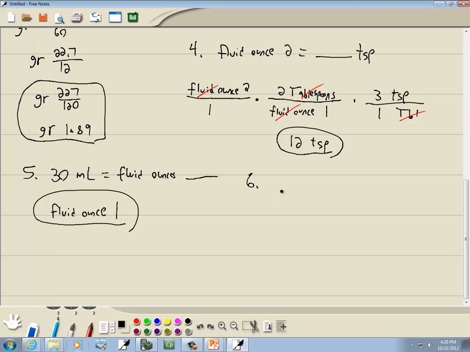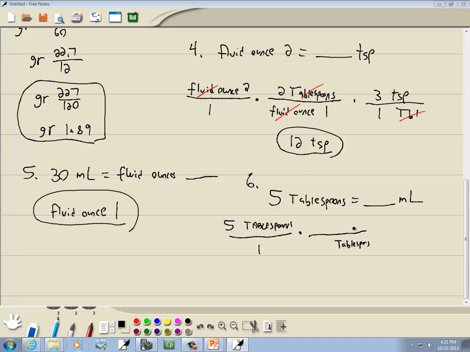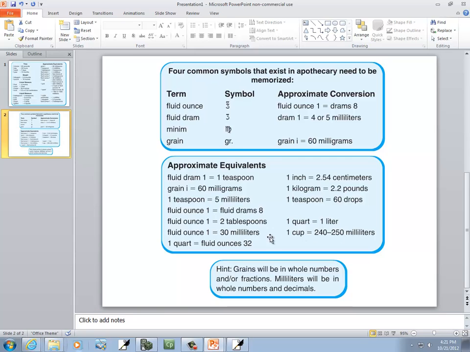Let's see, we got 5 tablespoons is equal to blank milliliters. Okay, so we got 5 tablespoons. That's what we're starting with, so it goes over 1. And no matter what, if tablespoons is up there, you have to have tablespoons down here. So let's see if we can find some kind of tie between tablespoons and milliliters. Tablespoons, fluid ounces.